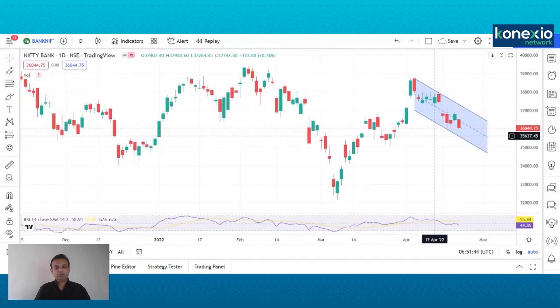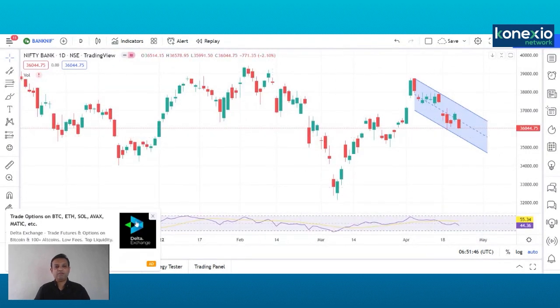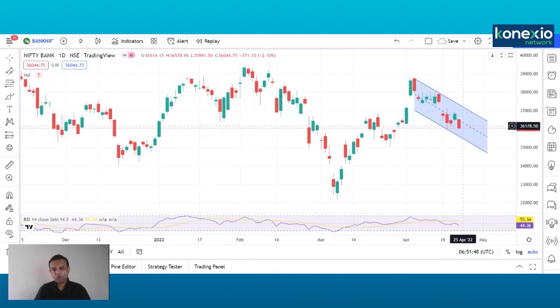And next week is the expiry week, monthly expiry week. So any bounce back from these levels should be used to go short at the higher levels for this immediate support around maybe 35,000, 35,200 to 35,000 mark.